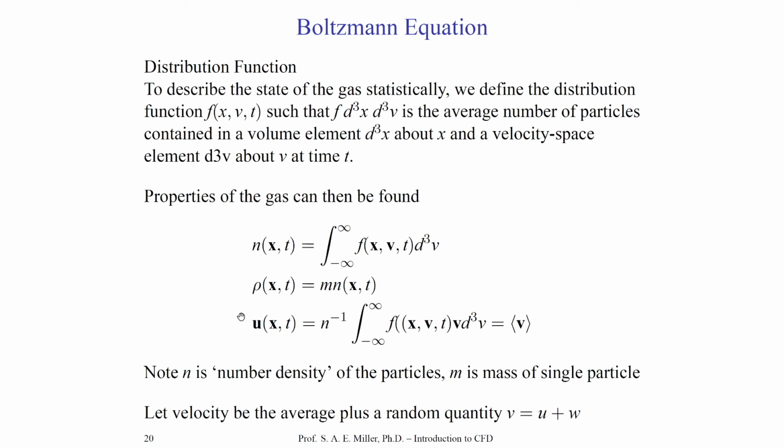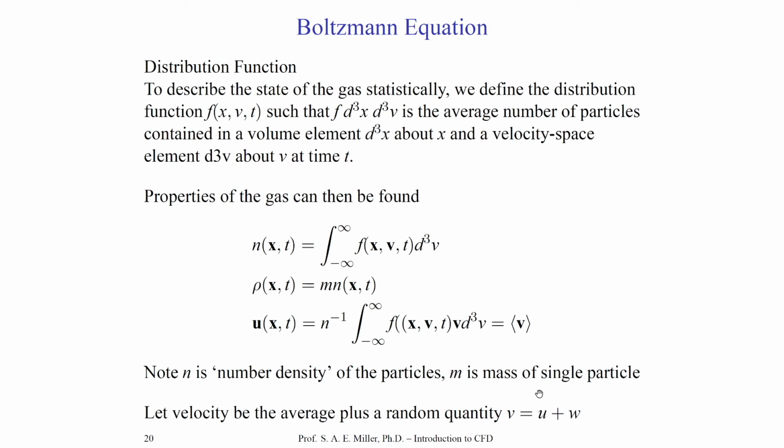The velocity would be nothing more than 1 over n times the integral of f v, which will be the average of v. Here, we'll say n is the so-called number density of the particles, and m is the mass of a single particle. You can modify this approach for, say, gases like air, where each particular particle has a different mass. Now, the actual velocity would be nothing but the average plus a random quantity, which would be w.